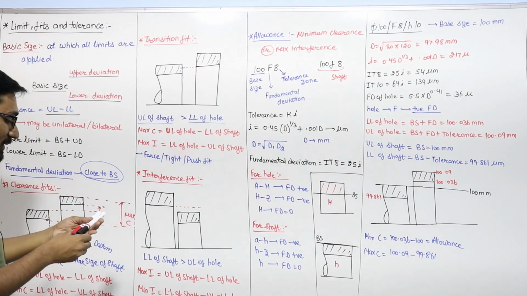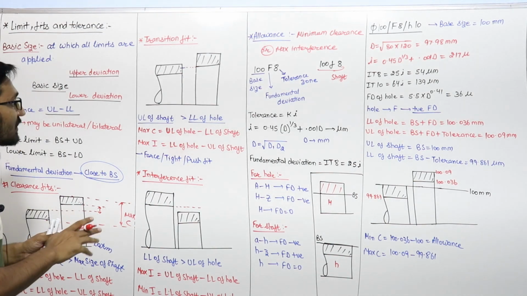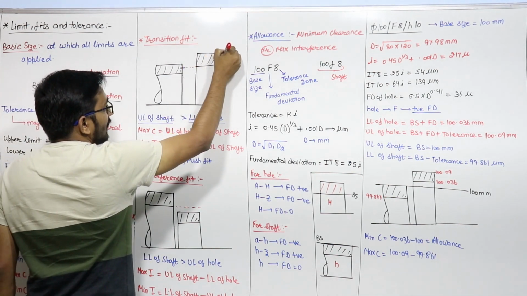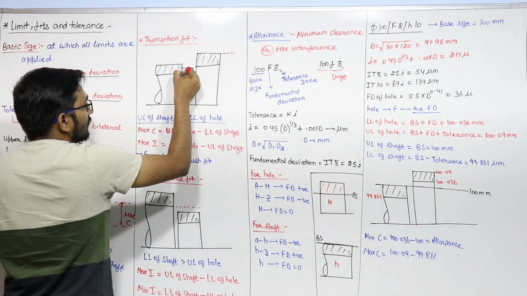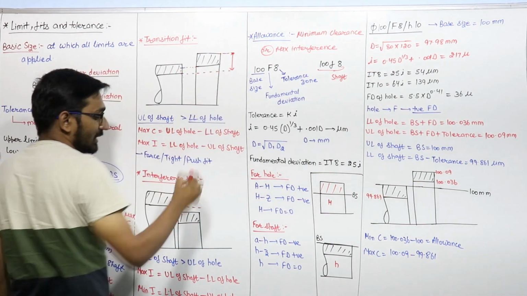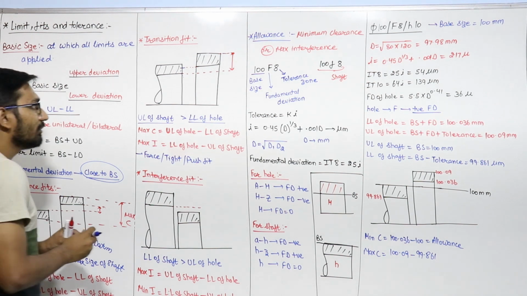So we can say what is the maximum clearance. Maximum clearance, how much will you get? The maximum clearance will be the upper limit of the hole minus lower limit of the shaft. And what is the maximum interference? When will it interfere?